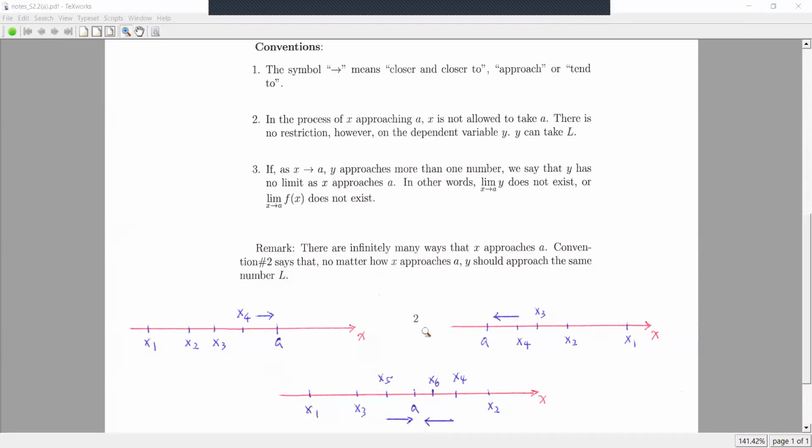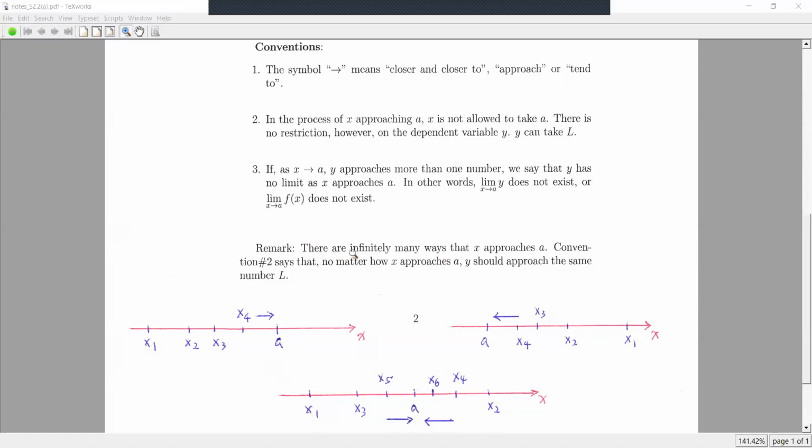Or we can let x approach A by jumping around the point A. Say we can let x, the independent variable, take this point, then this point, and so on.